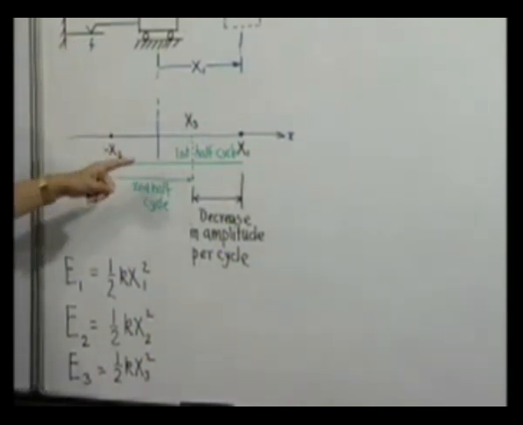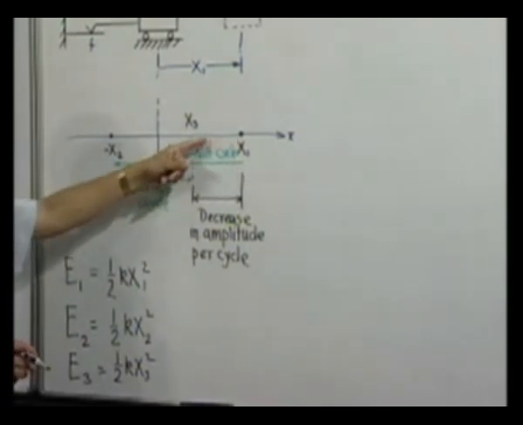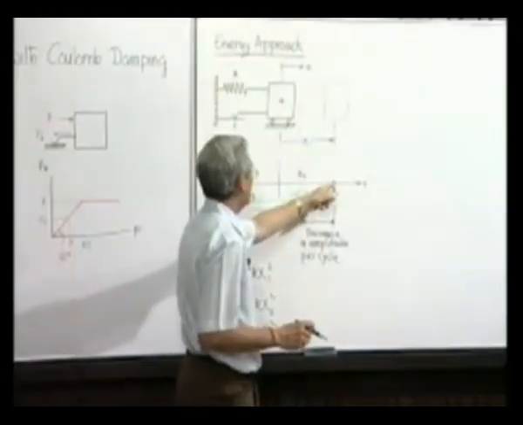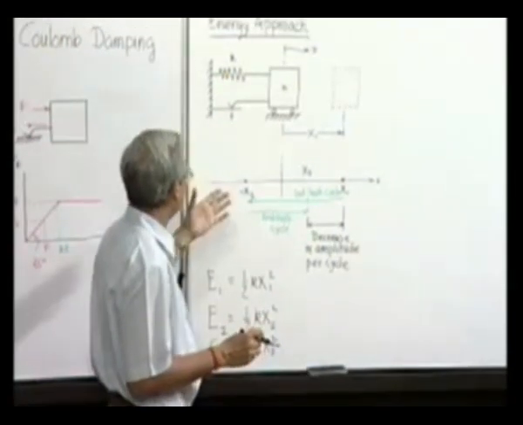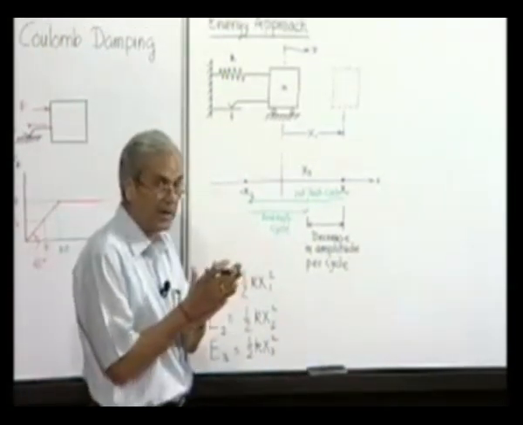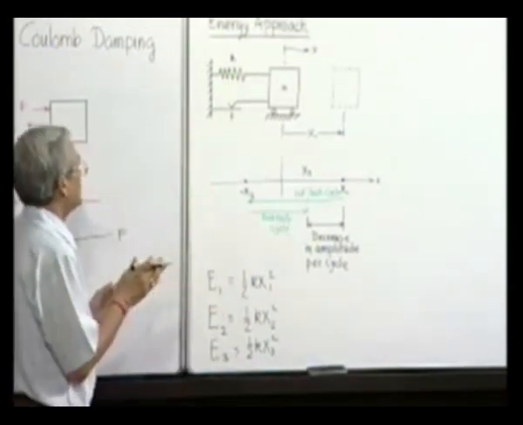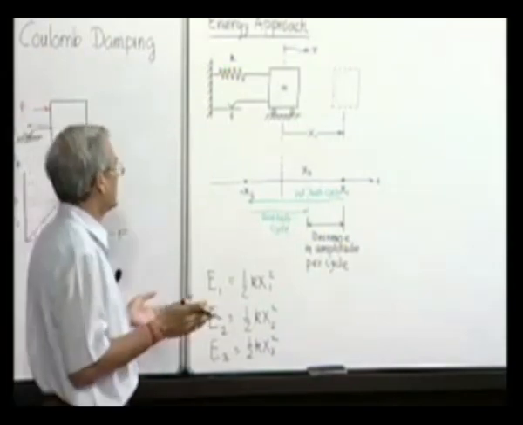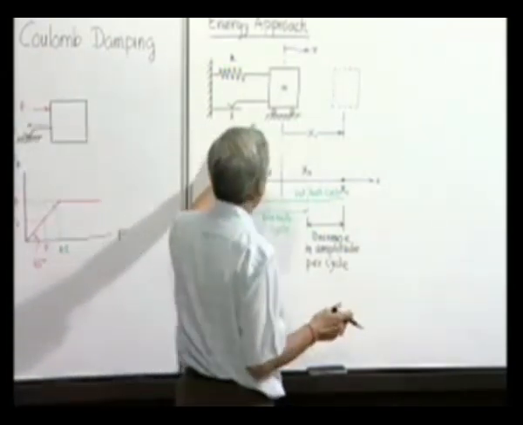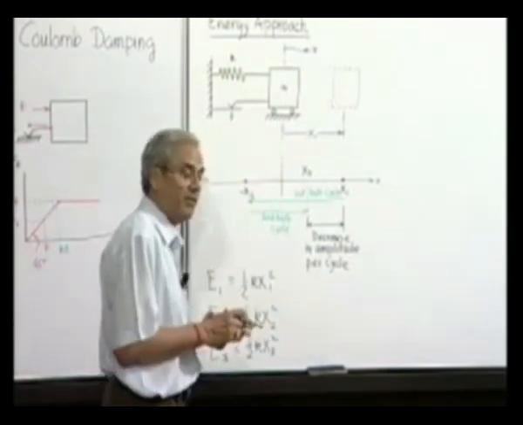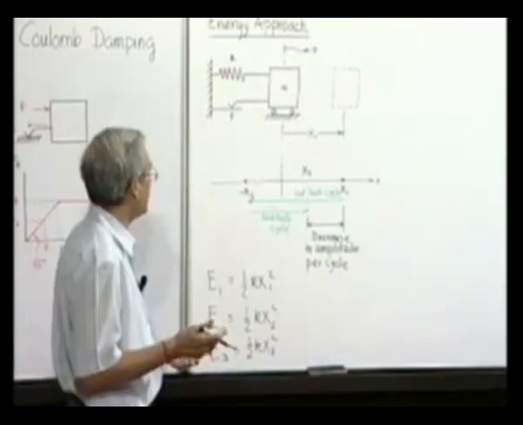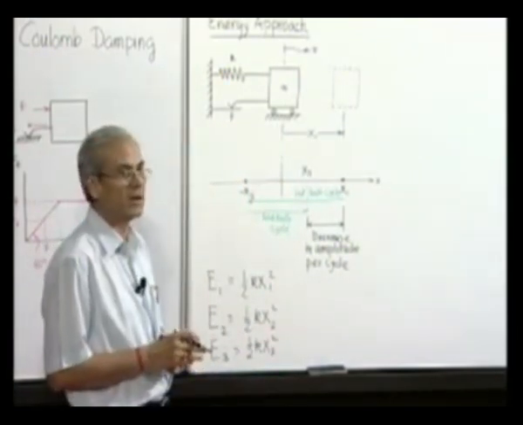What is the amount of energy lost due to friction when it travels from here to here? Since the friction force is constant, because for any two sliding bodies, the friction force is constant, the work done due to the friction or the loss in friction will be simply the amount of distance traveled multiplied by the friction force, which is constant.